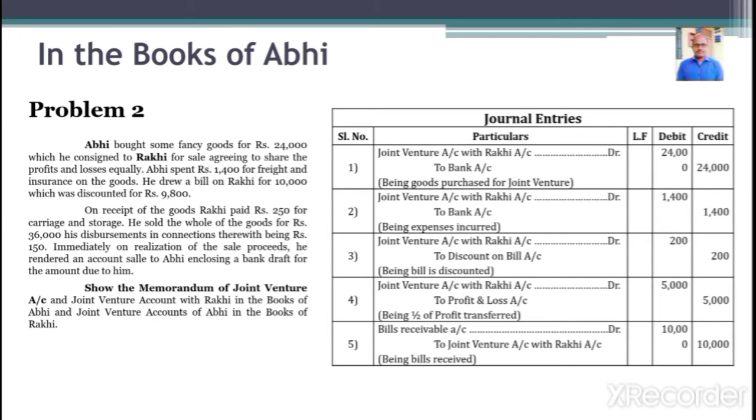Then joint venture account with Raki account debit to discount on bill account 200 rupees. So this is the entry for bill discounted. The next entry is joint venture account with Raki debit to profit and loss account. So this is the entry for transfer of memorandum joint venture account profit to Abhi account. Then next entry is bills receivable account debit to joint venture account with Raki. So this is the entry for bills received.